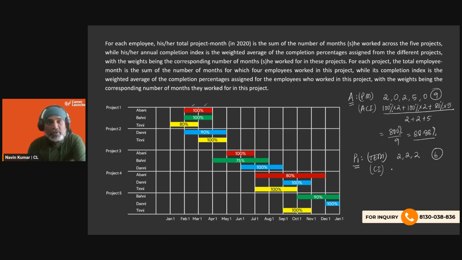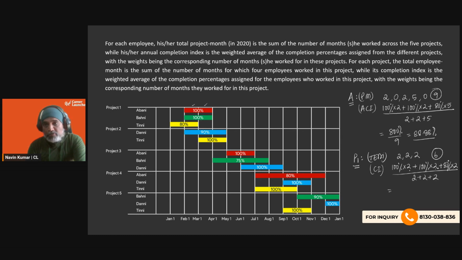So basically, if I look at the completion index of project 1, it's going to be 100% completed in 2 months by A, 100% of the work assigned to B was completed in the next 2 months, and 80% of the project was completed by T in those 2 months, divided by the weights being the corresponding months taken up by those employees, which is 2 plus 2 plus 2.